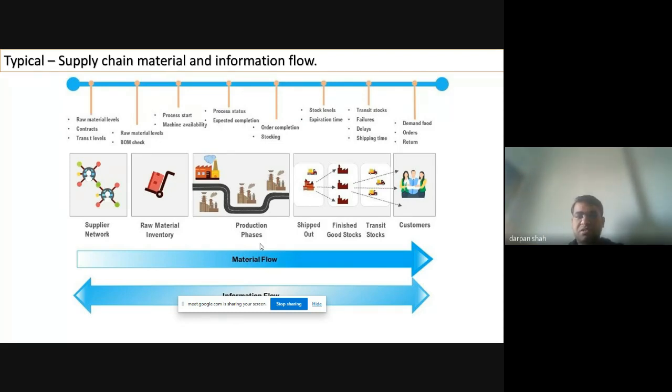So here, as you can see, there are different stages where stocking, inventory, logistics, and movement of material are all involved at different stages during the overall cycle of the supply chain. So the end result is the finished product delivered to the customer based on demand.